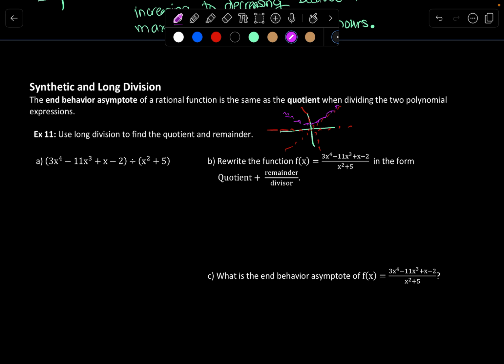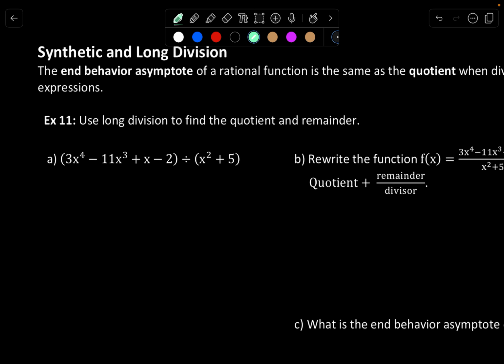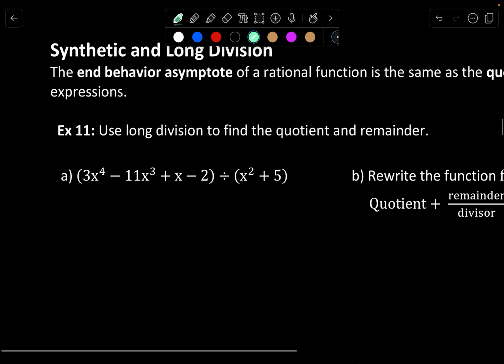You can divide a high degree polynomial by a lower degree one, and whatever your quotient is, the ends of that function will tend towards that quotient. We're going to dive more into that in the next unit.